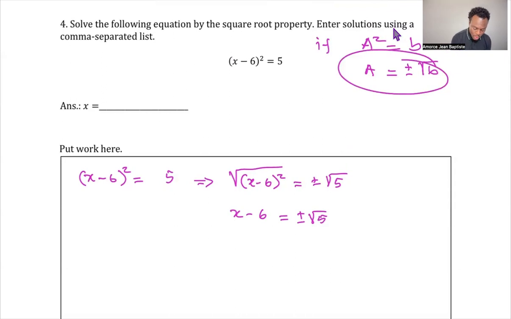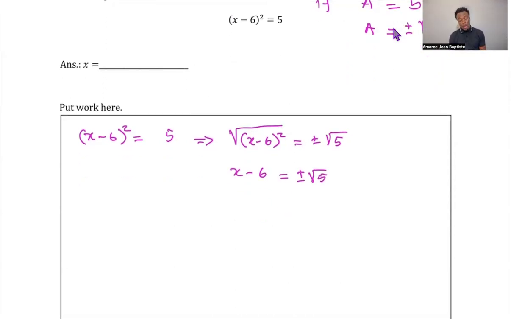So then you have this result, and now we're solving for x. I can just add 6 on both sides, and then x is 6 plus or minus the square root of 5. That is the value of x.